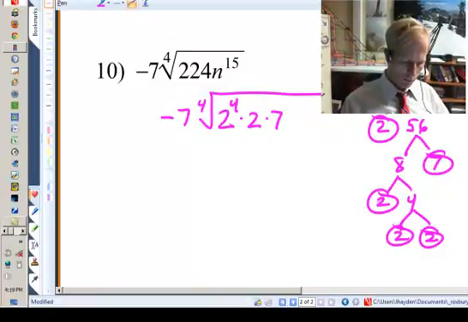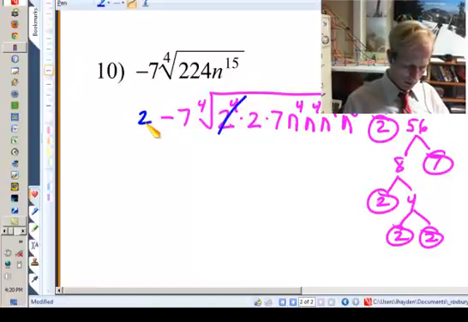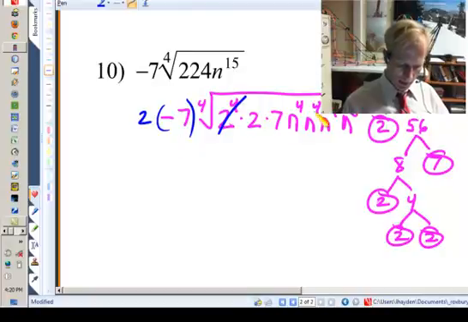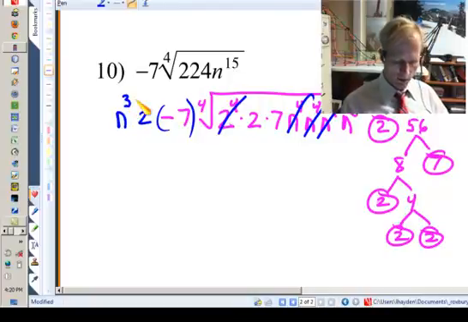Well, let me group n to the 15 in terms of 4th powers, so I'm going to do n to the 4th, n to the 4th, n to the 4th, and n cubed. And now I'm going to go through, and that's going to give me a 2 outside, and then how many n's am I going to get? 1, 2, 3. So that's going to be n cubed.